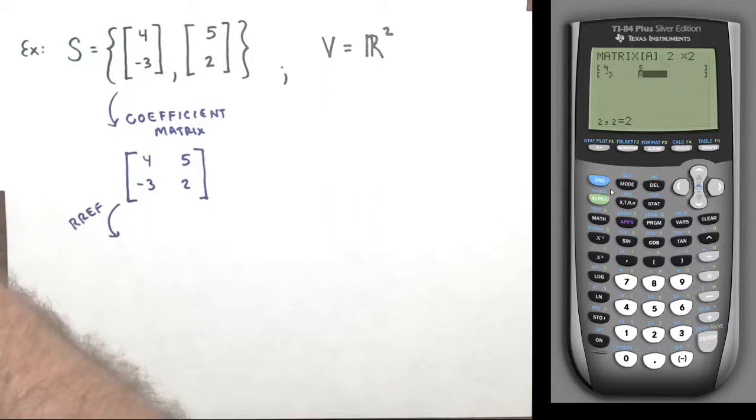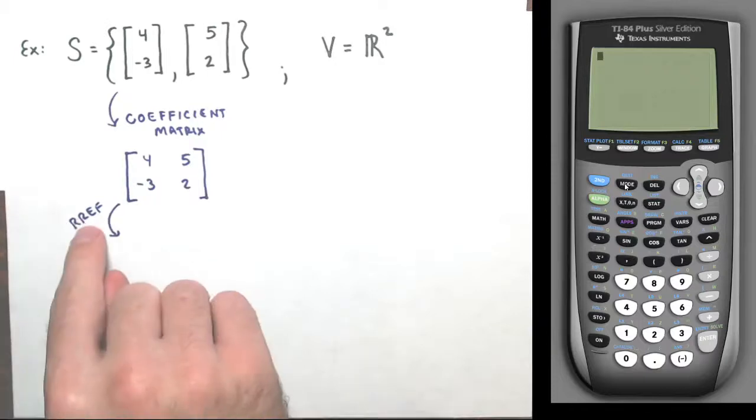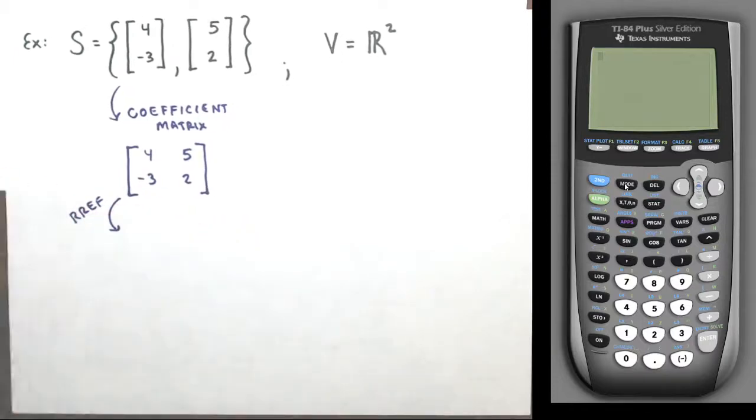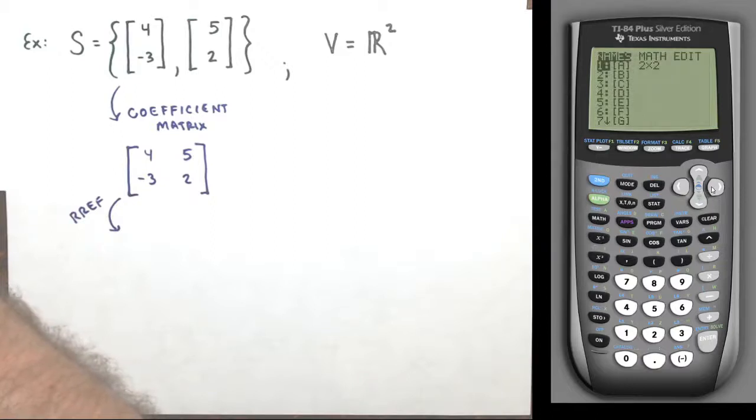Make these entries. Get out of here, and then I want to put this in what's called reduced row echelon form. RREF is what you're going to see on the calculator. So I go to the matrix menu again, over to math, scroll until you get to B, up or down until you get to this RREF.